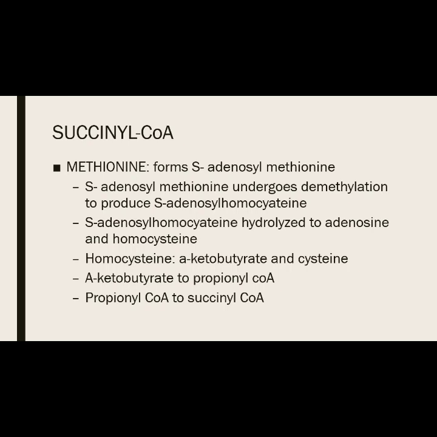And then this alpha-ketobutyrate is converted into your propionyl coenzyme A. And this propionyl coenzyme A is converted to succinyl coenzyme A. And actually, you have still three steps in this process to convert your propionyl coenzyme A to succinyl coenzyme A. Okay, and so that is for your methionine.